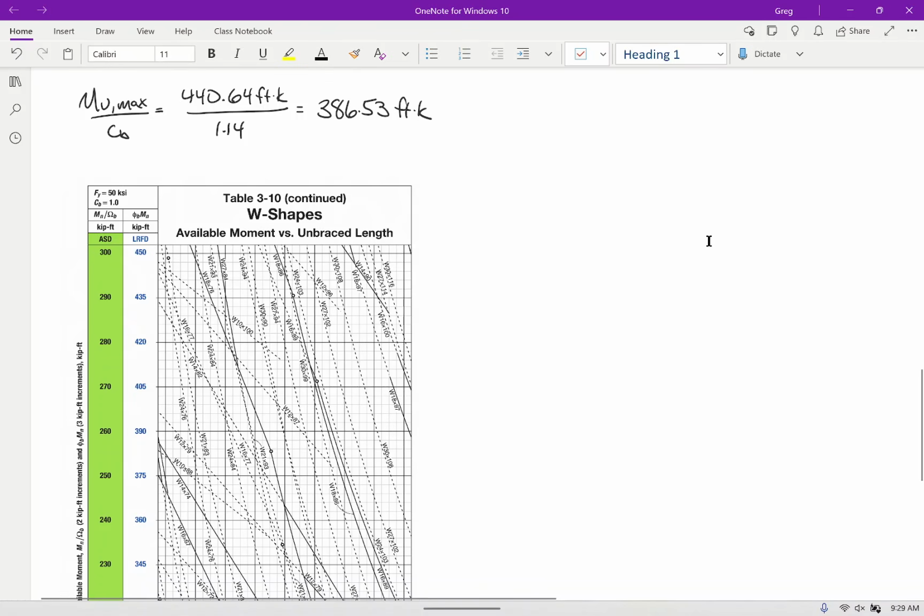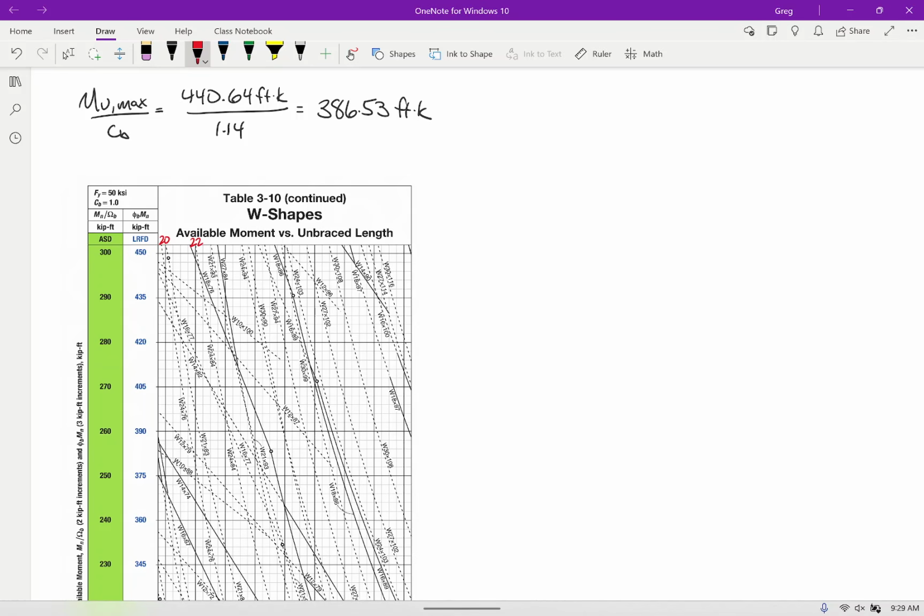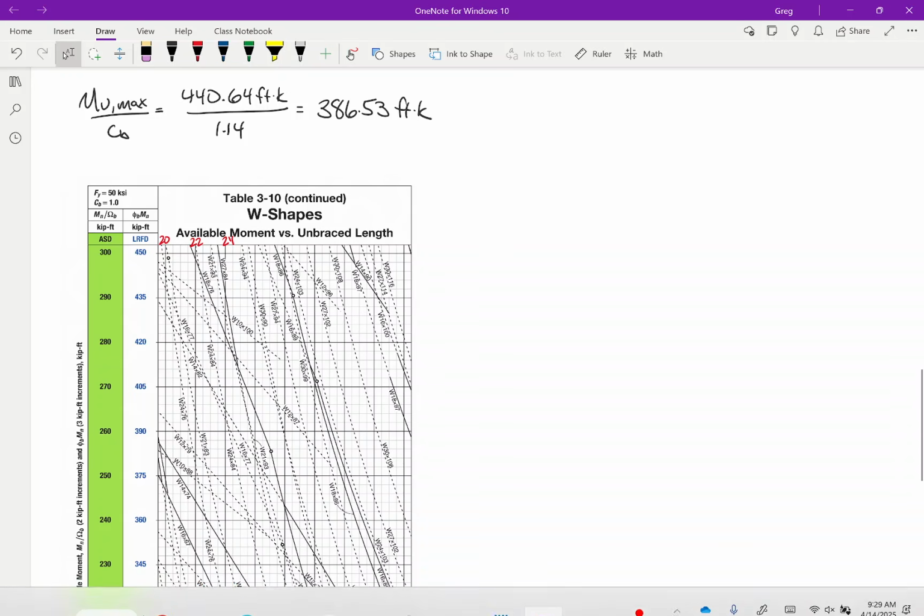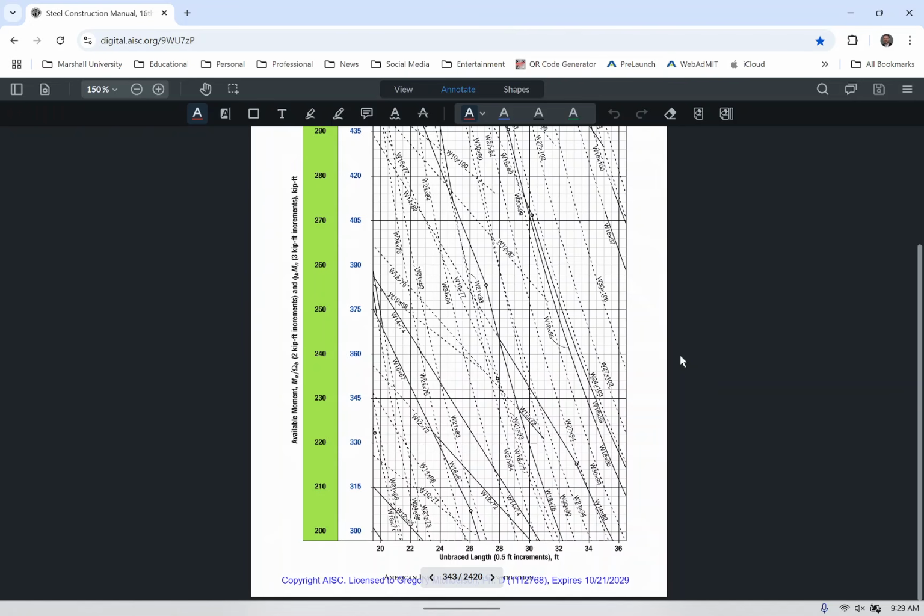So this is 20, 22, 24, right? If I go back to the page here, where it says 20, 22, 24, I'm using that third vertical line.